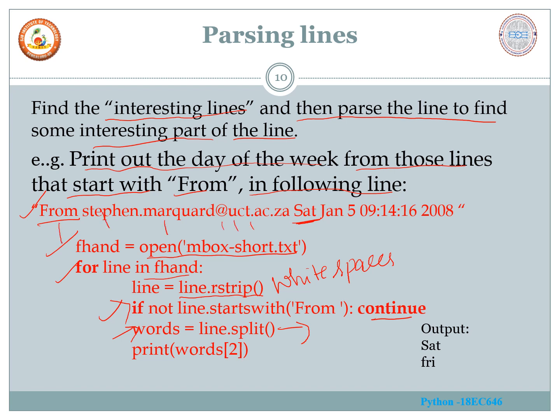Okay, so once it is split, what you are going to do is print words of 2. That means from where you are printing, you are going to print words of 2. So From is one word, then Stephen dot Marquard at is the second word, because there is no space there, and there is a space here, so you could see this is the second, and this is the third, fourth, like that it is going to consider.